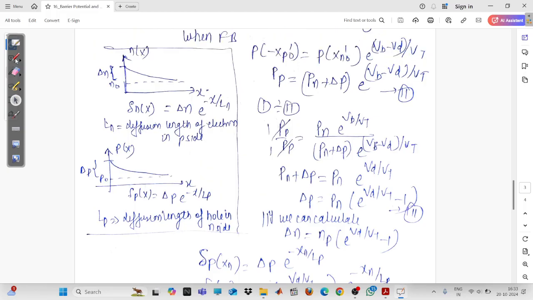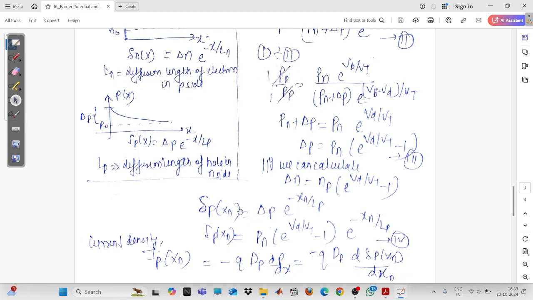So suppose if you want to write delta p xn, what can we write? Suppose one hole has traveled into the n type, one hole has traveled into the n side. Fine, so what can we write, the charge density delta p xn.